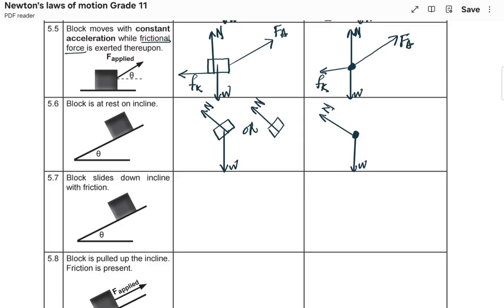Then I'll be having weight. I'll be having weight perpendicular. So I'll be having this weight perpendicular. So then I'll be having that weight being parallel to the slope.